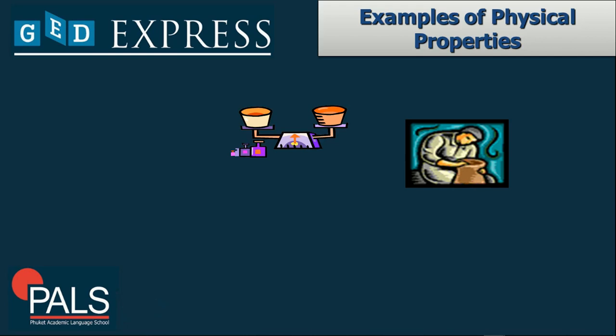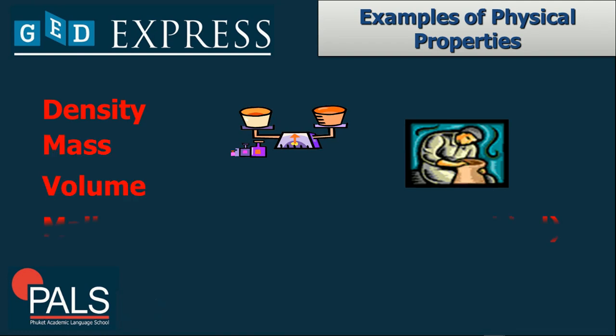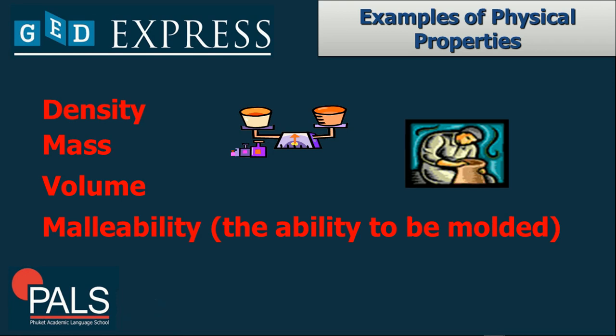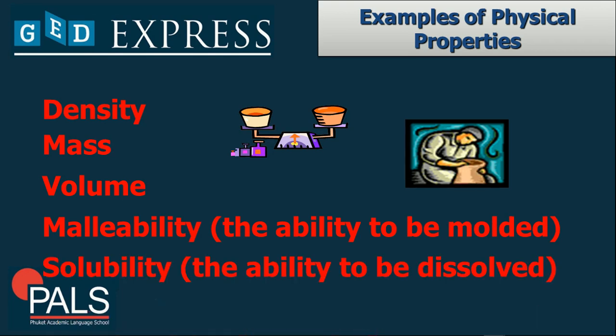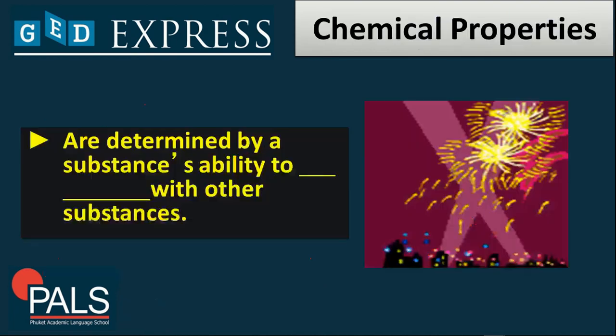Other examples of physical properties could be density, which identifies how heavy an object is, or if it can sink or float. Or it could be mass, volume, or malleability, which is the ability to be molded. Or it could be solubility, which indicates the ability to be dissolved by a substance.